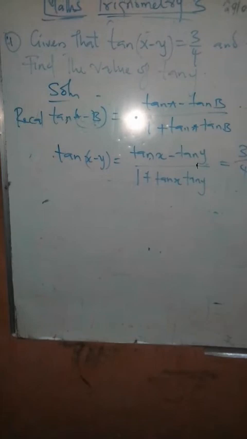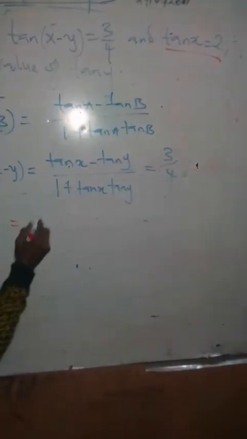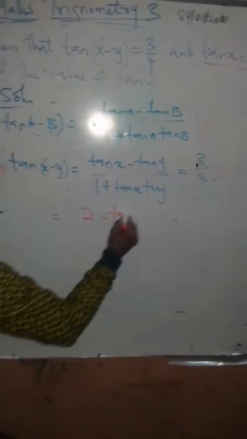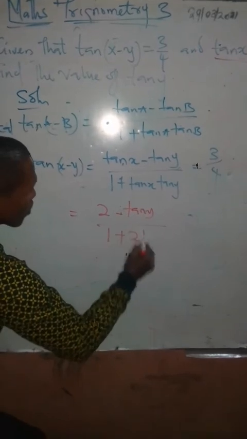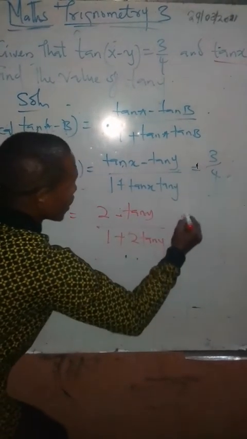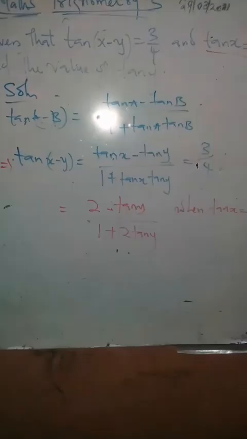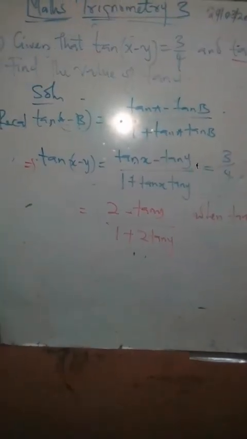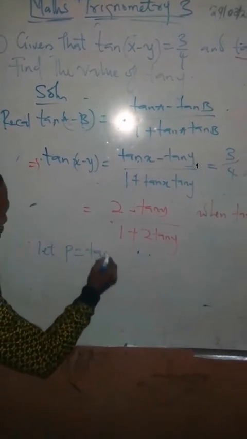So if we must work with this, then we're going to have this expression as thus. Remember, our tan x is 2. So we have 2 minus tan y all over 1 plus 2 tan y. Let P be equal to tan y.